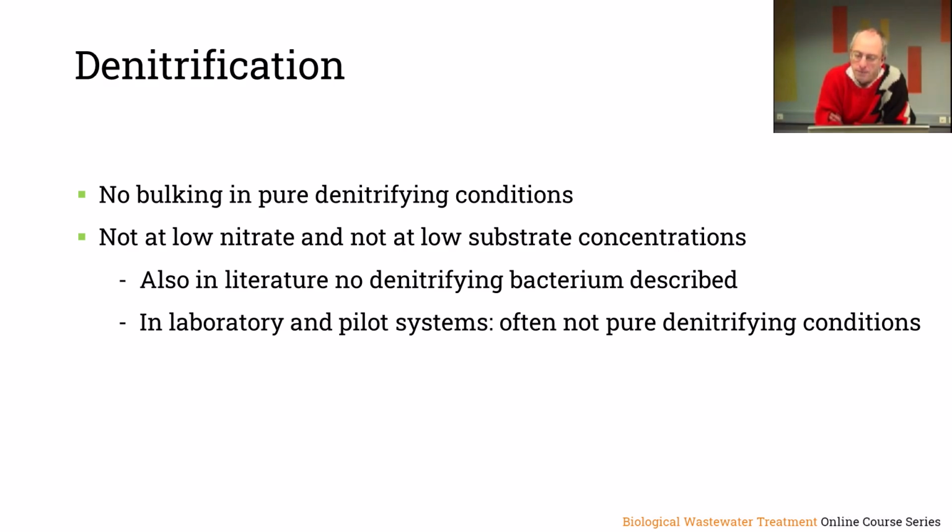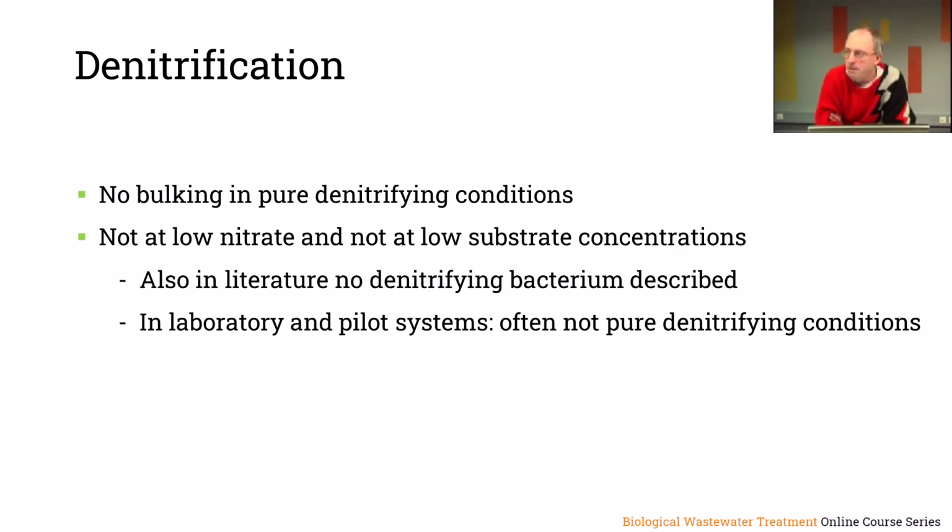In laboratory and pilot systems, there are often not pure denitrifying conditions. And that gives the problem. If you have a lab scale reactor and you have just the denitrification tank open to the air, you effectively have microaerophilic conditions because oxygen penetrates through the headspace.